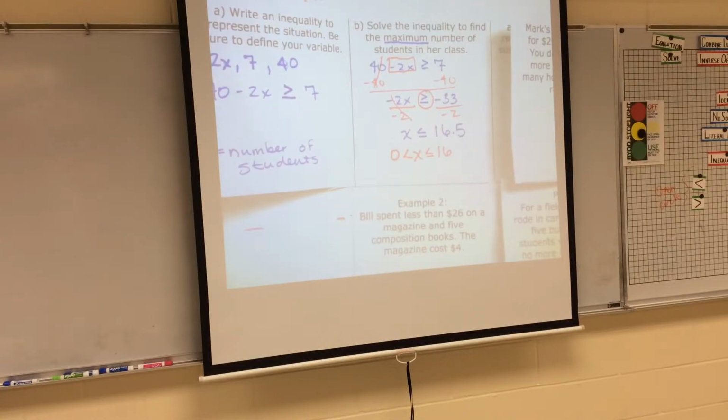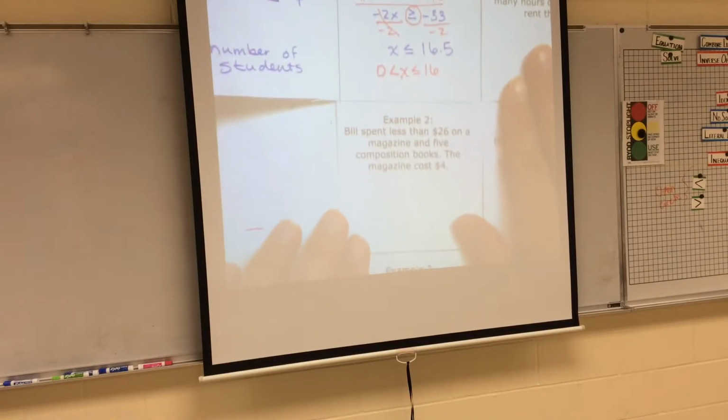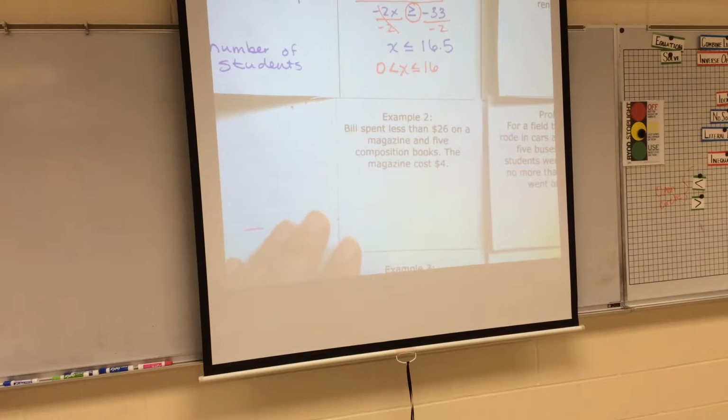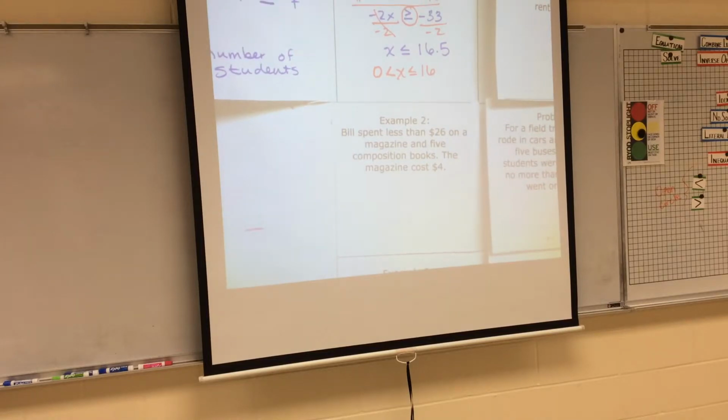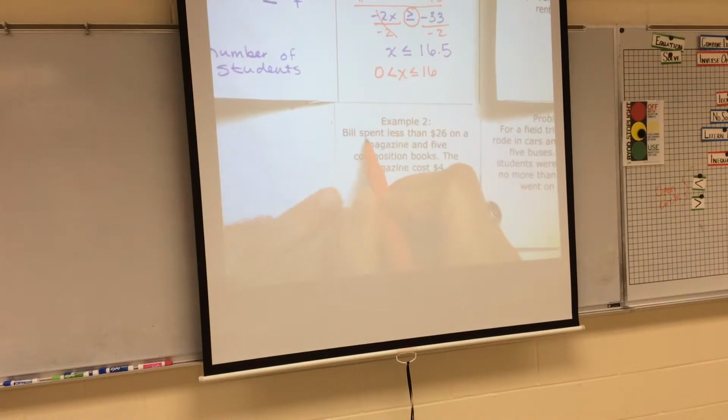Let's try another one. Question. Example 2 says Bill spent less than $26. Spent less than, right? $26 on a magazine and 5 composition books.